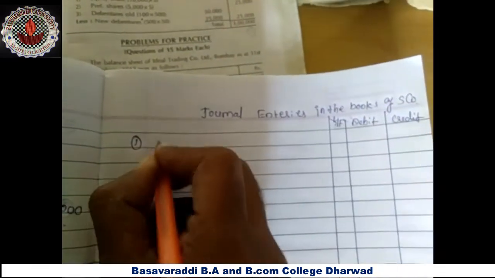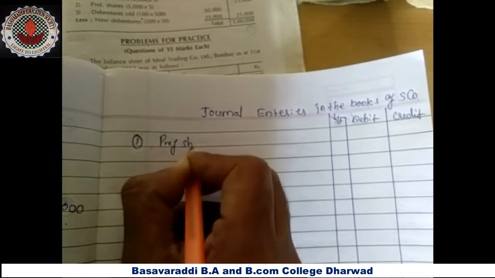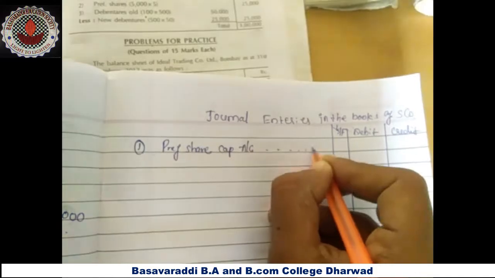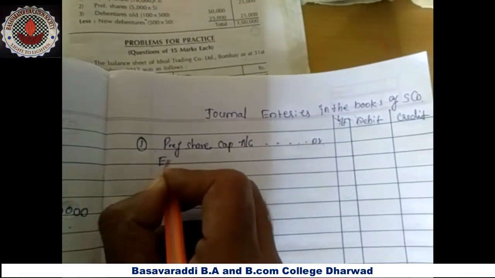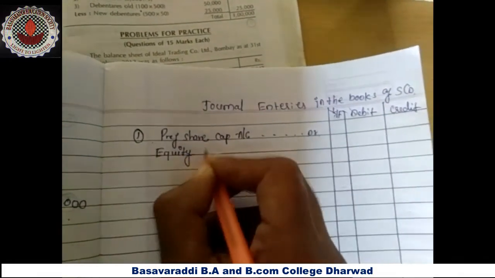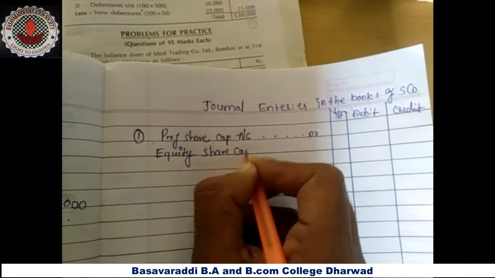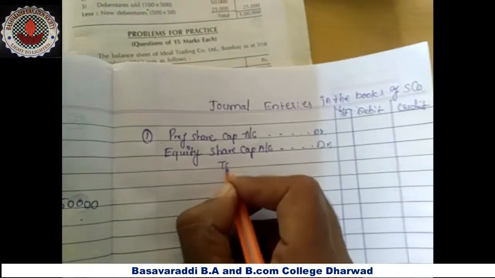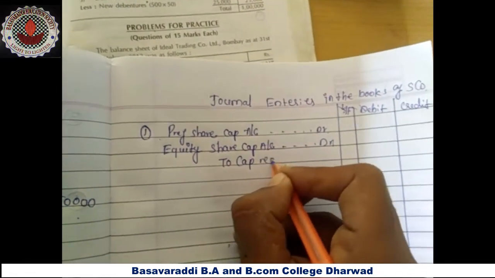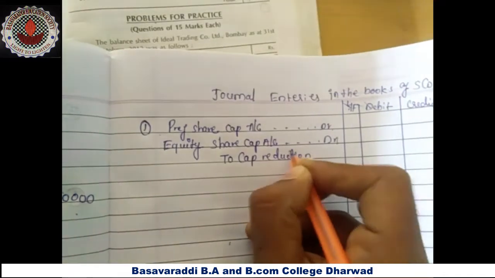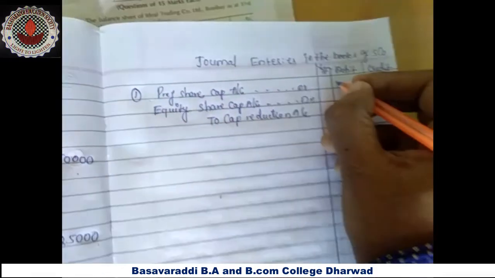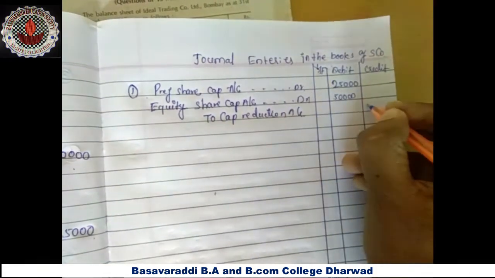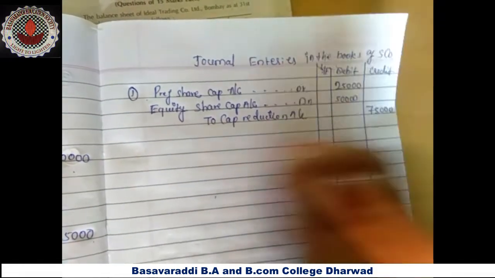First one, preference share capital account debited, equity share capital account debited to capital reduction account, that is 25,000 plus 50,000 is equal to 75,000.